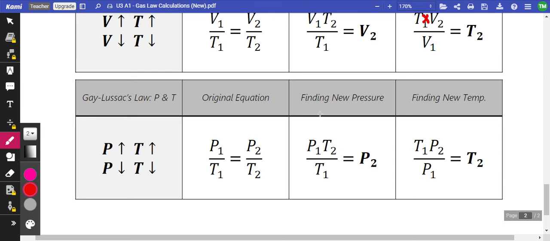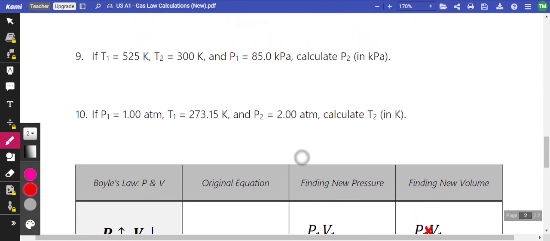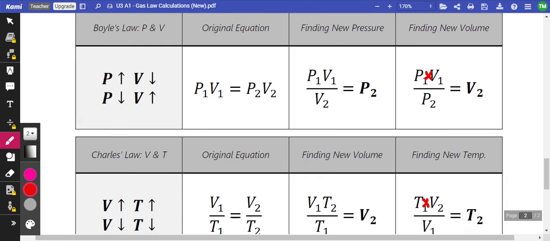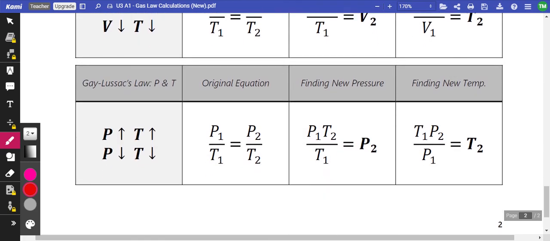We rearrange it, since I'm looking for a new pressure, so I want P2 isolated. I've got P's and T's. Volume is left out because it's being held constant. So if I take P1 times T2 divided by T1, I should get my new pressure.